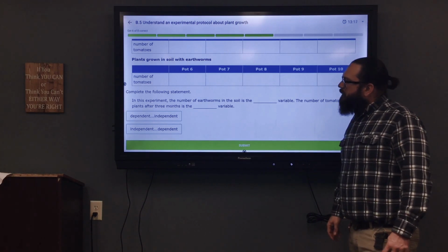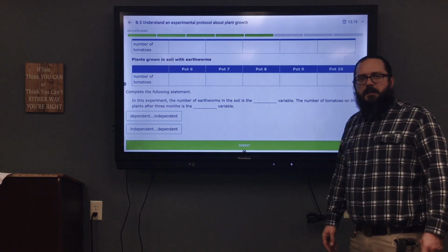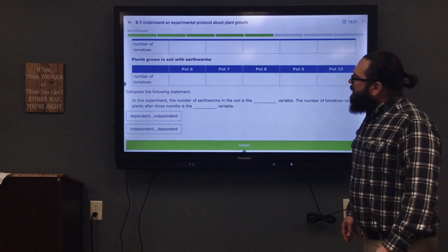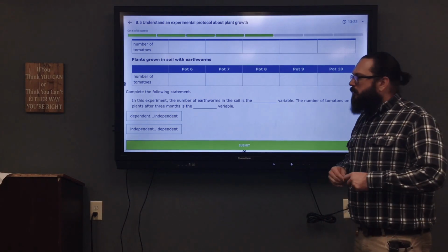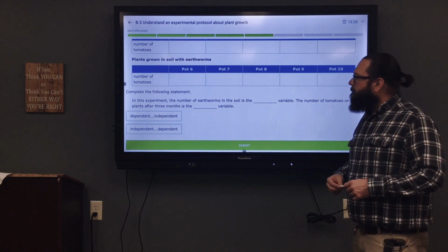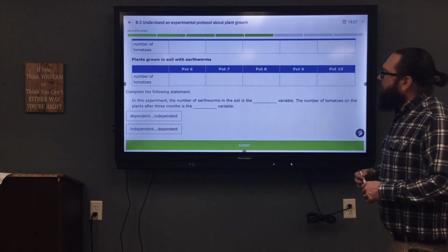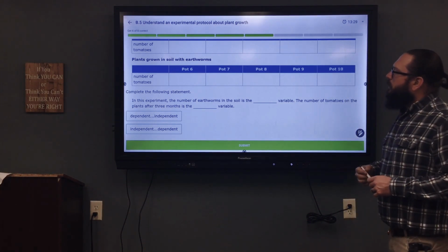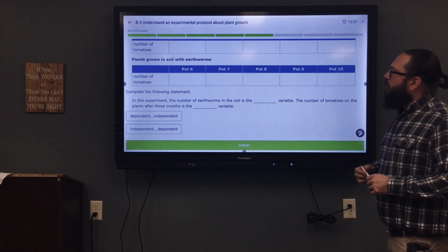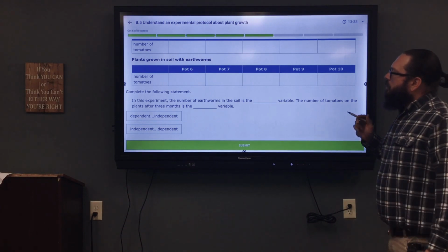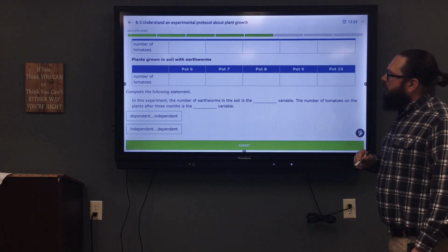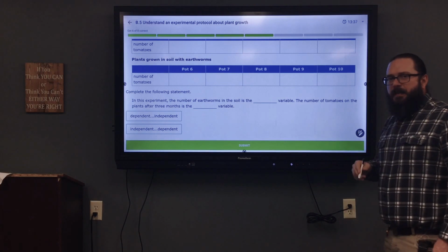An independent variable is something that is not dependent on certain factors. So the earthworms will be our independent variable.